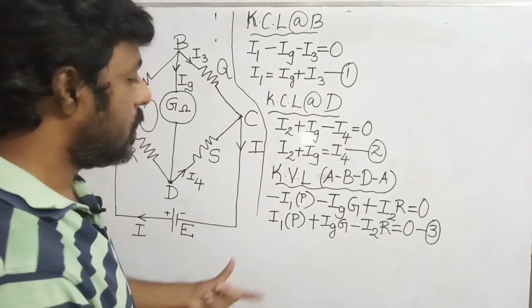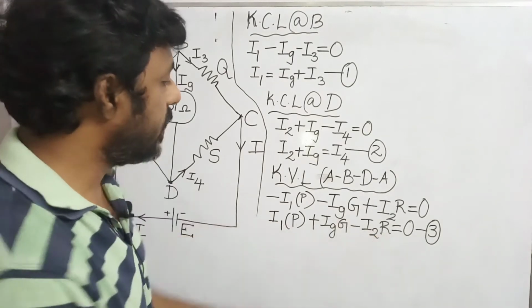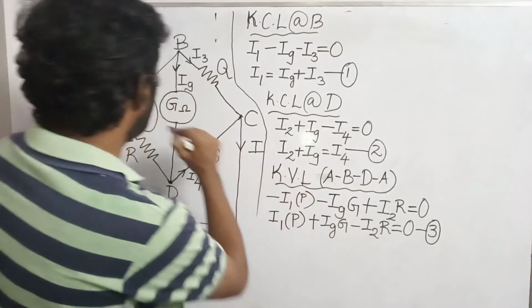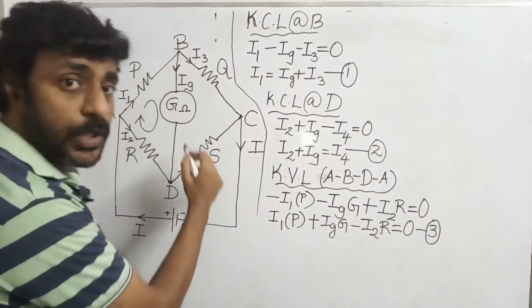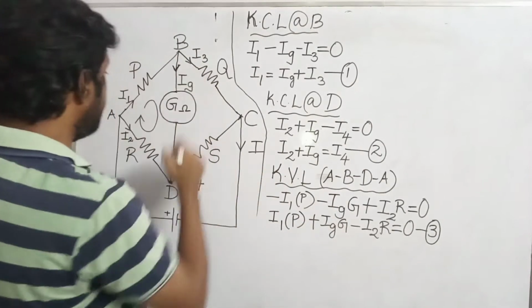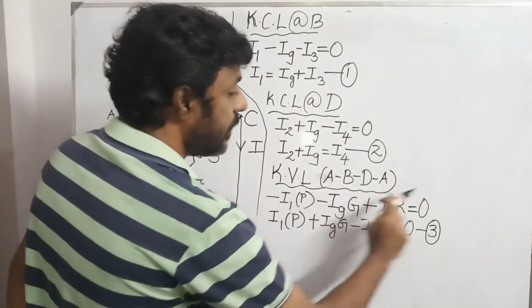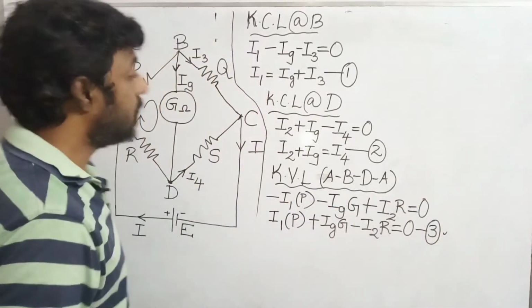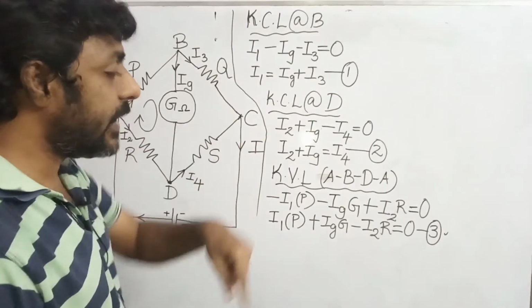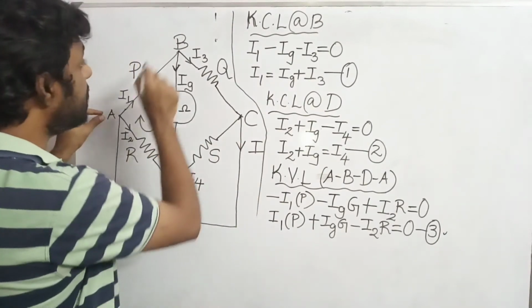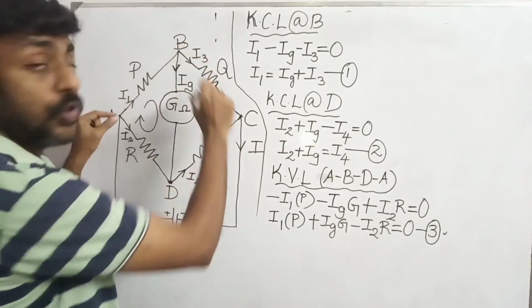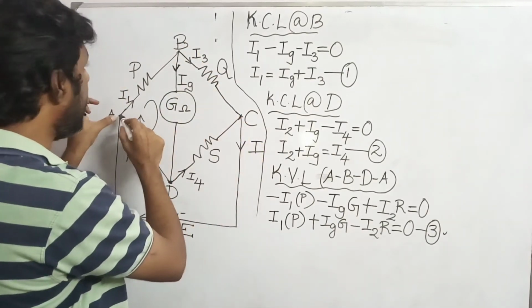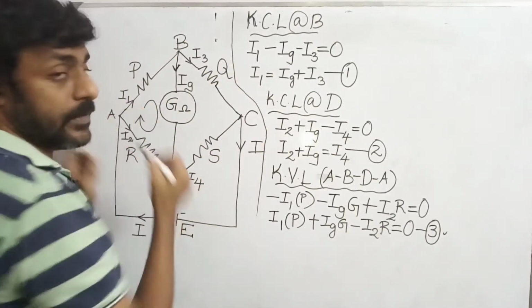Now, this is what happens, right? So, I have applied KVL to this closed network ABDA and I have framed an equation, that is equation number 3, right? Now, again, I am going to consider this entire closed loop, A, B, C, D, A, right?